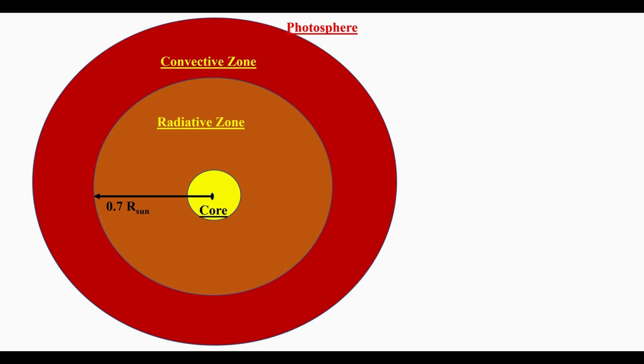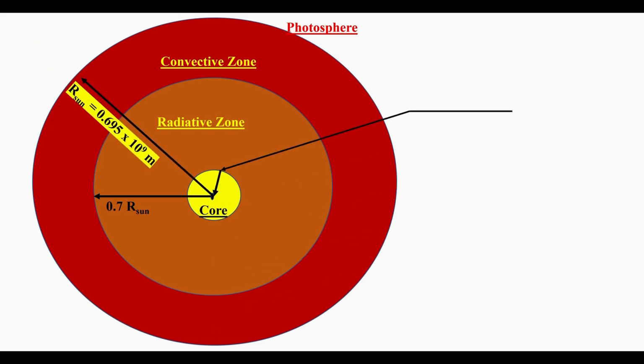If we designate the radius of the sun by the symbol capital R, then the area at the center ranging from 0 to 0.23 times the radius of the sun is termed the core, where 90% of the energy is generated by fusion reaction.